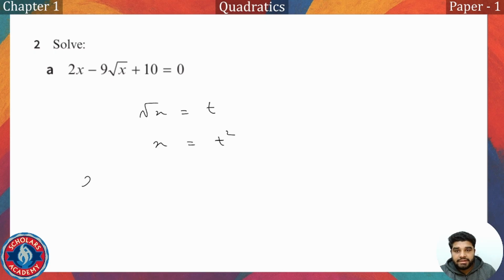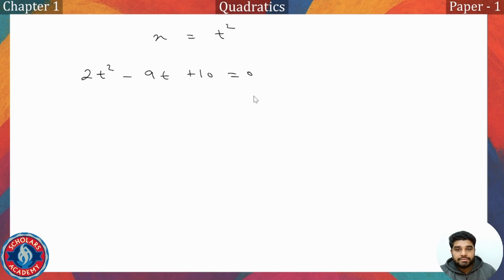So simplifying it, 2t square minus 9t plus 10 is equal to 0. So product is 20 and sum over here is negative 9. So if product is 20, sum is negative 9, it is 5 and 4.